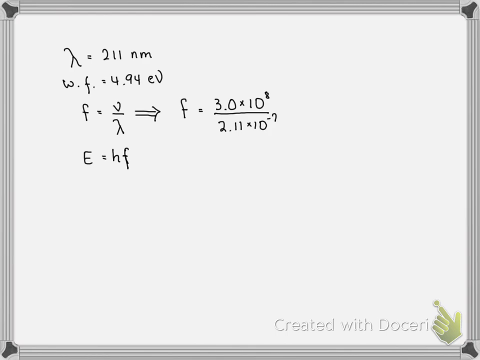And I know you're doing this along with me. Open up a fraction. 3 times 10 to the 8th over 2.11 times 10 to the negative 7th. And we have 2 significant digits in the numerator, 3 in the denominator, so we are going to abide by that and use 2. So 1.4 times 10 to the 15th. That is the frequency when our wavelength is 211 nanometers.